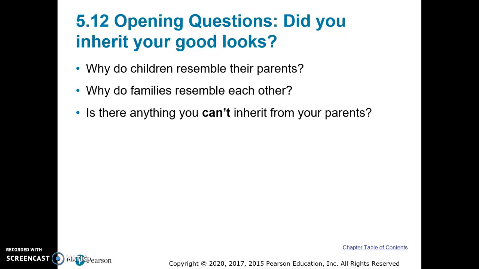So yes, meiosis can go wrong, but again, the probability of it is really, really low. And so things can go wrong, but what we want to focus on right now is what's happening when things go right. How do we pass down these traits from generation to generation?